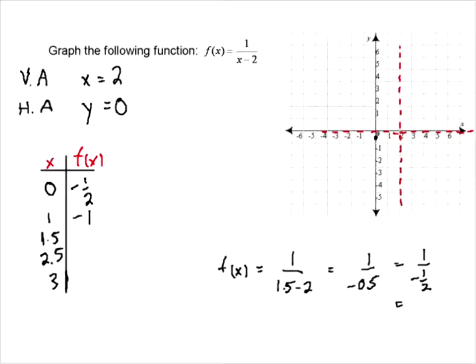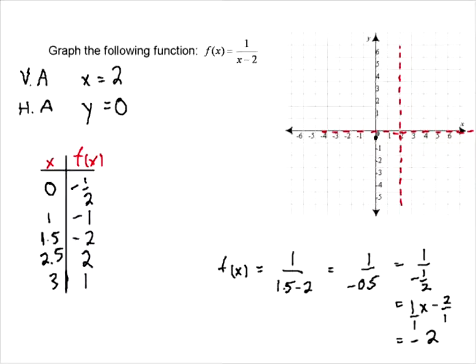And remember, dividing by a fraction is the same as multiplying by the reciprocal. So we actually get negative 2. So at 1.5, we're at negative 2. Now if we've done 1.5, 2.5 is easy, same mental math. All it does is make the denominator a positive half, which makes it 2. And if we put 3 in there, 1 divided by 3 minus 2 is just equal to 1, so we have 3 and 1.